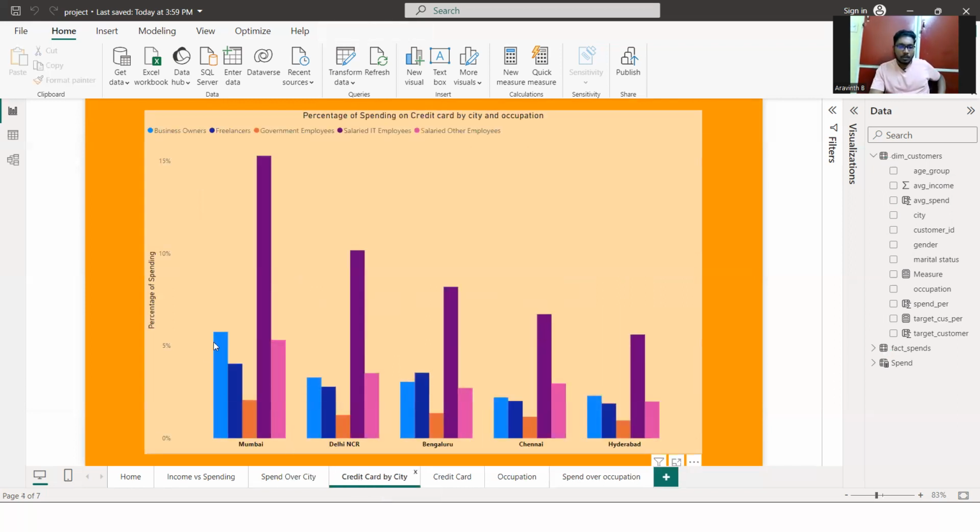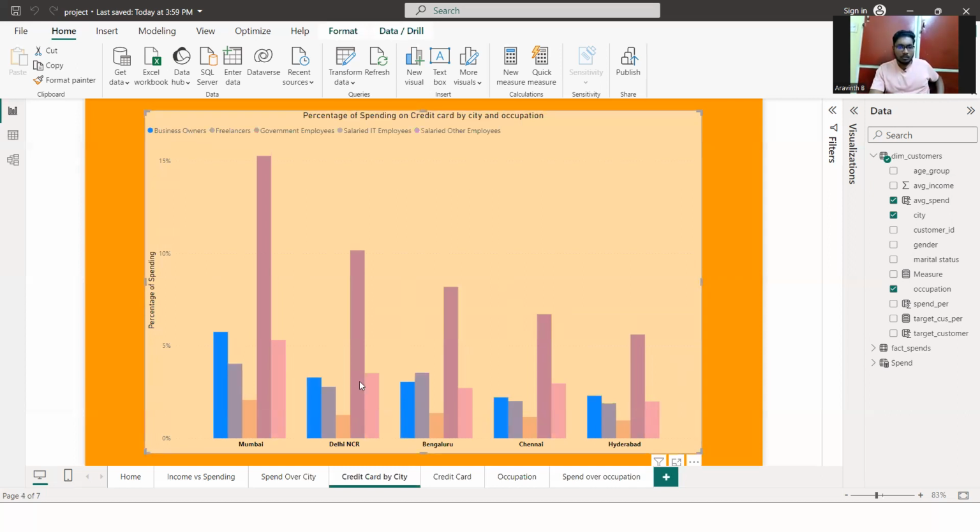Next, on credit card spending, by which salary group people spend the most on credit cards: as we already saw, salaried IT people's spending was high, and they are also using credit cards in very high numbers. Next to salaried IT employees come the business owners.